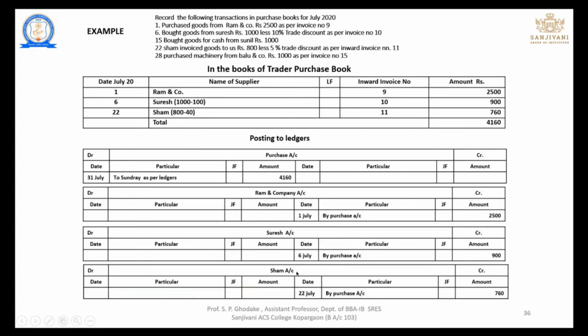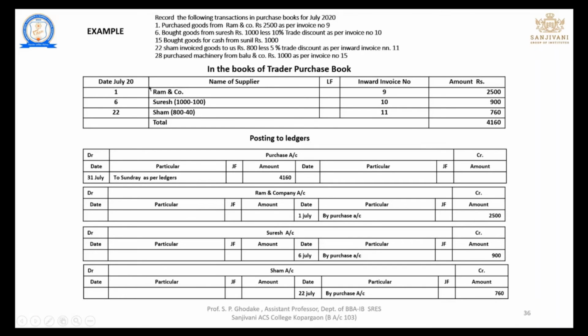And on 22nd July we have purchased from the Sham account. As you have written all the things in the ledgers, we need to do the second effect of these transactions, and the second effect is a combined entry of 1, 2 and 3, two entries as per ledgers.